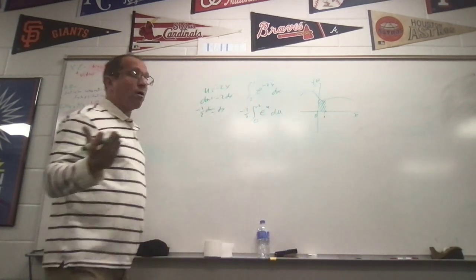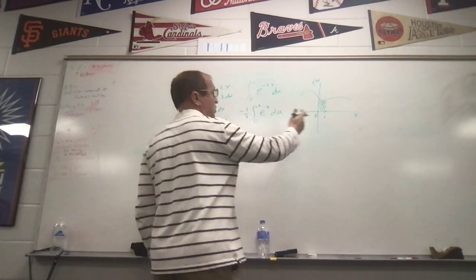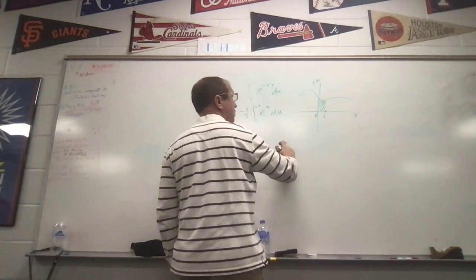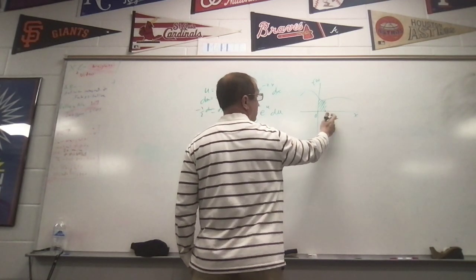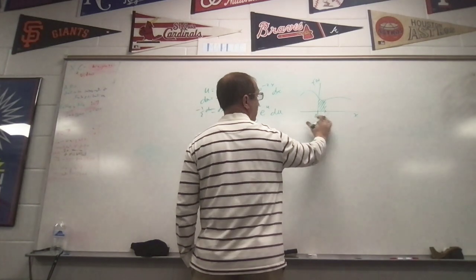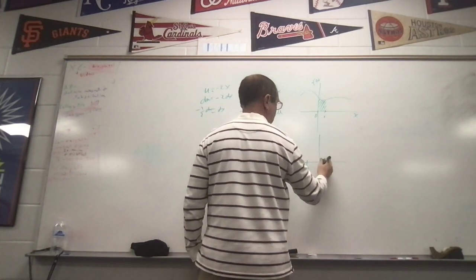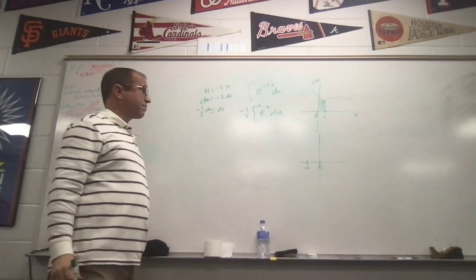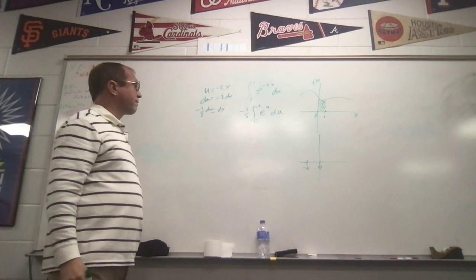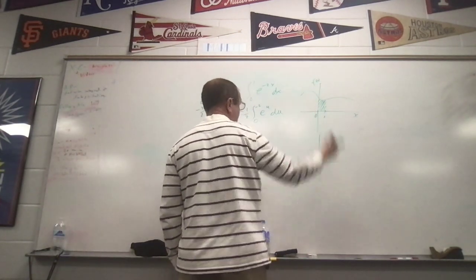Well, now we've changed this to u. So when we change this function in terms of u, we're no longer interested in these x values. We're interested in negative 2 to 0. And our function changed. Our function is e to something.